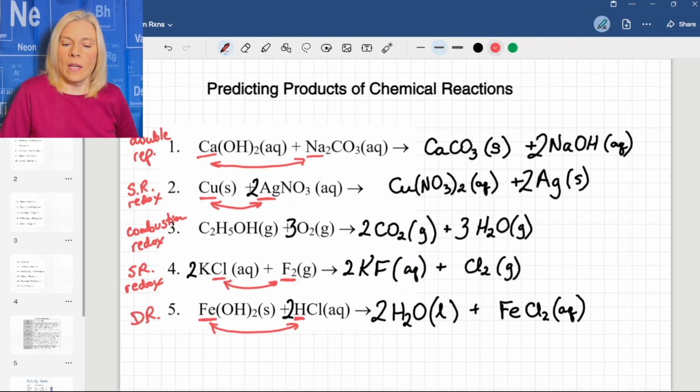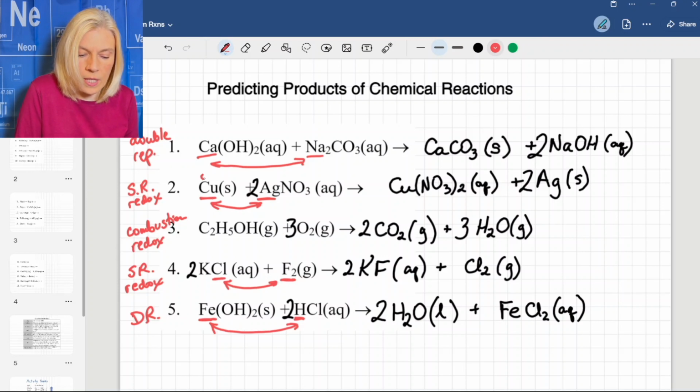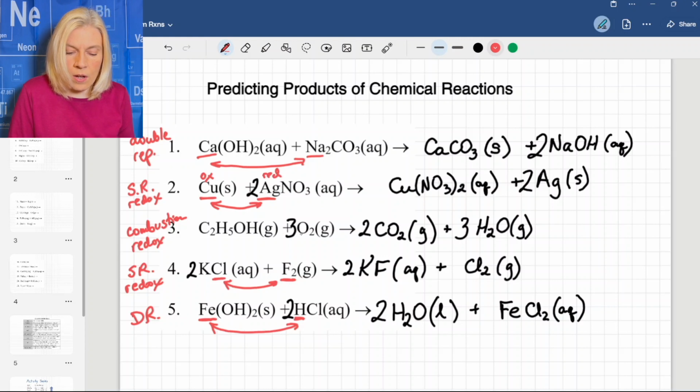Okay. And really fast, if we're going to look at what's oxidized, what's reduced, let's go through this. Here copper became from neutral to positive, so copper lost electrons, oxidized, and silver gained, reduced. We said oxygen gained electrons, reduced, and it's carbon that's oxidized.